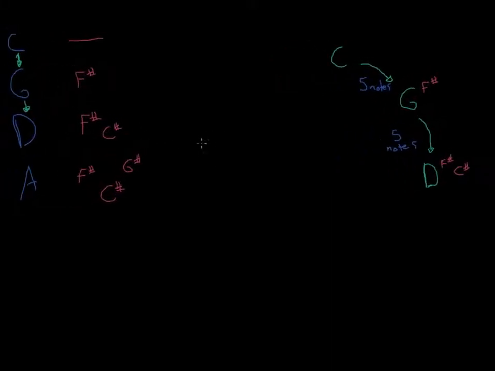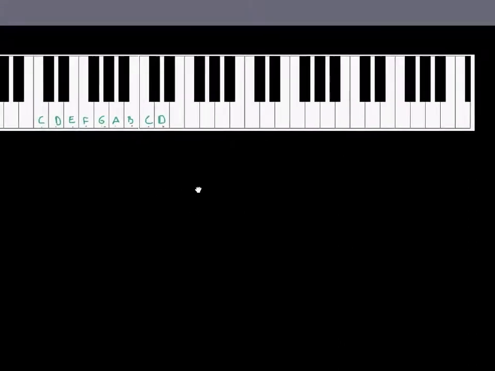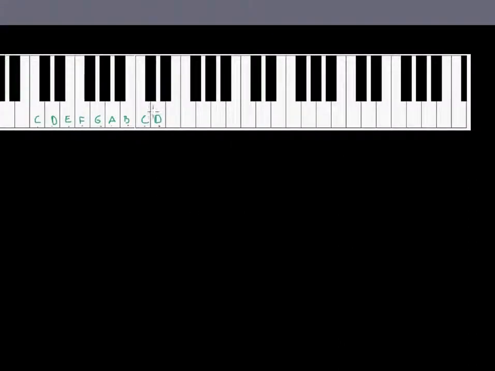So if we then go up another 5 notes, should we get to A? Well, let's find out. Up 5 notes from D. So there's our starting note, D. And we need to go 1, 2, 3, 4.